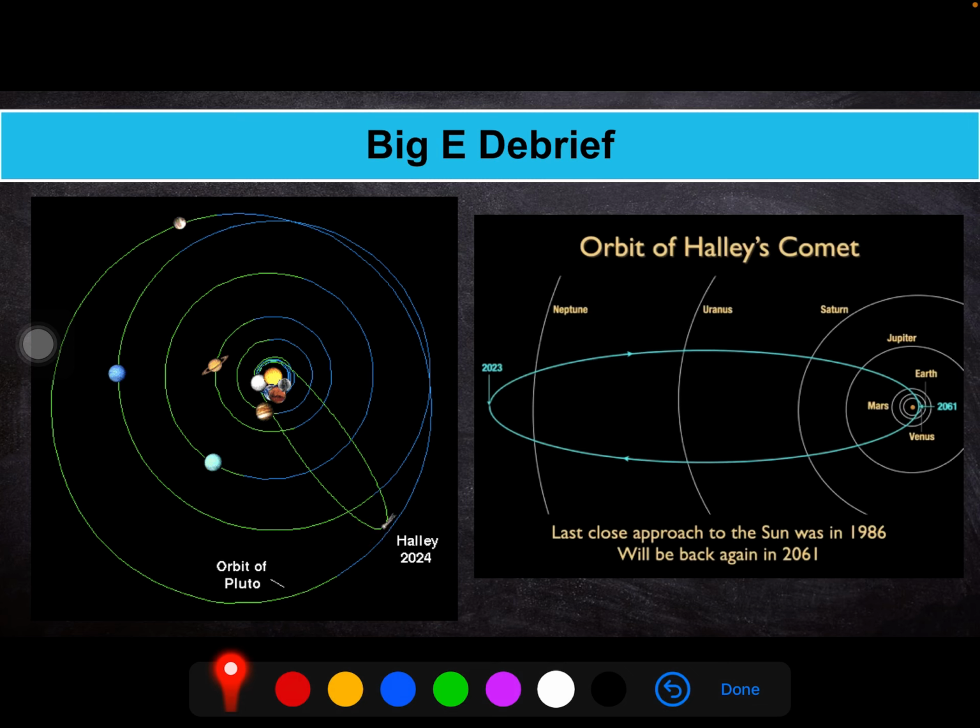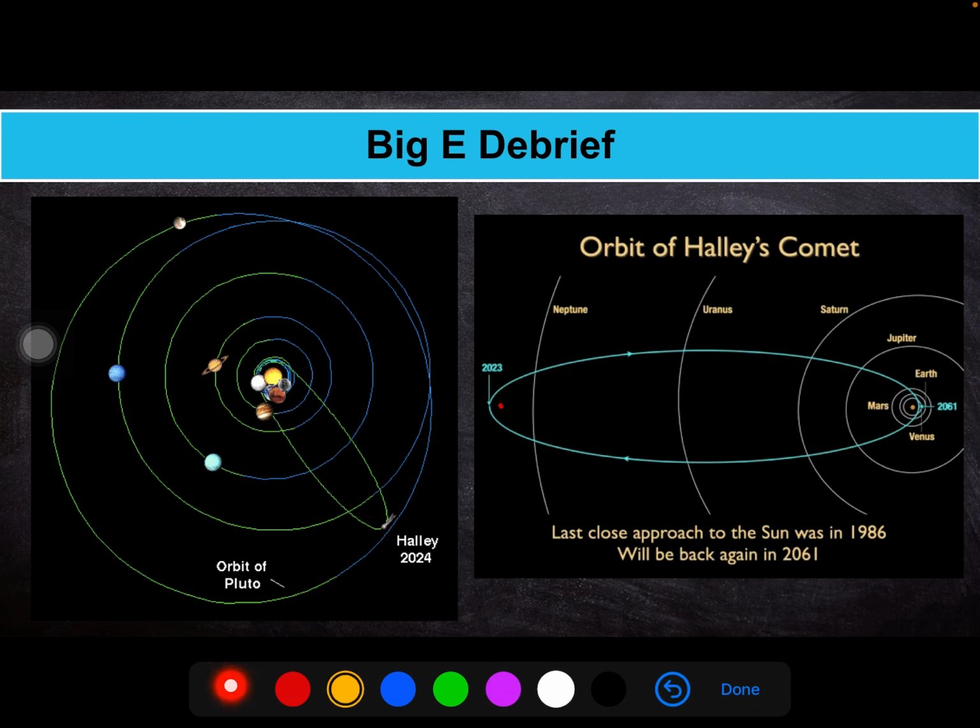The sun is one of its foci, and that means the other one has to be way over here. So those 2 foci are very far apart, and we have this very long elliptical shape. It's about a 75-year orbit time, where of course the Earth is at 1 year. Now, Halley's Comet is approaching its farthest point in the orbit.